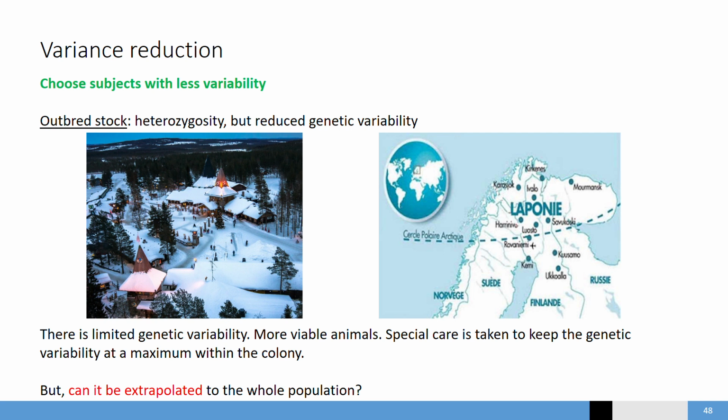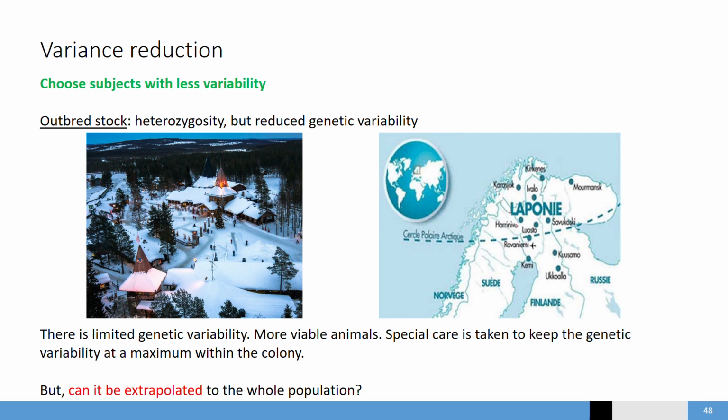So again, how can you extrapolate these results on Laponia to the whole world population? Probably they don't extrapolate very well. So it applies to people that are genetically similar to the people in Laponia, but not all people.